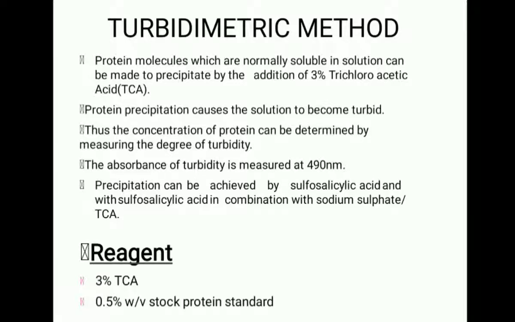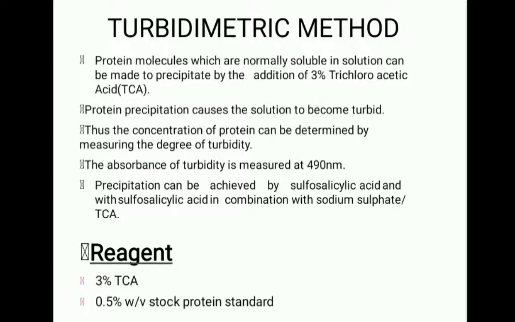Estimation of protein can be done by different turbidimetric methods. Protein molecules which are normally soluble in solution can be made to precipitate by the addition of 3% trichloroacetic acid. Protein precipitation causes the solution to become turbid.